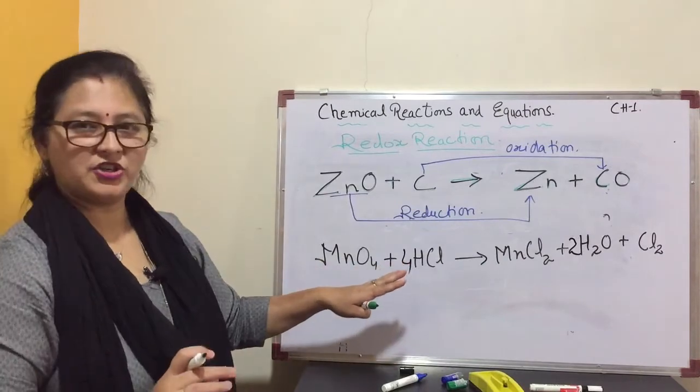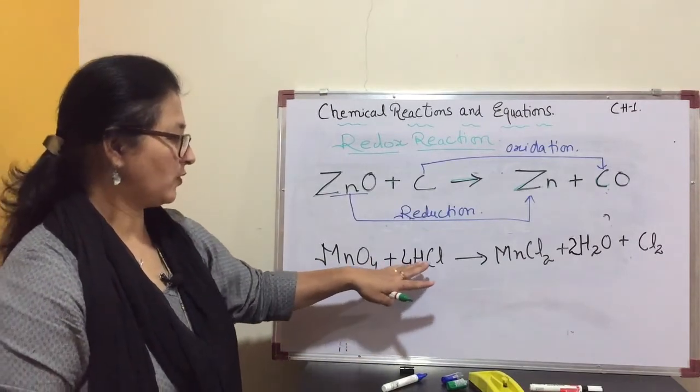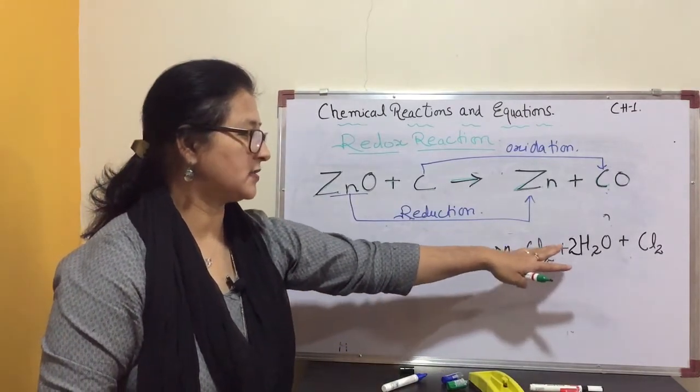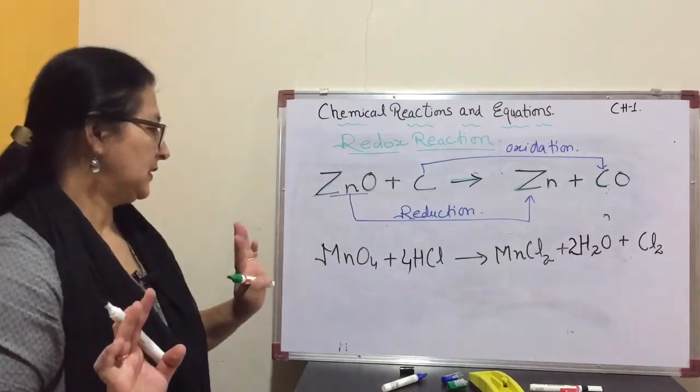Fine. So now the equation is balanced: MnO2 plus 4HCl gives MnCl2 plus 2H2O plus Cl2.